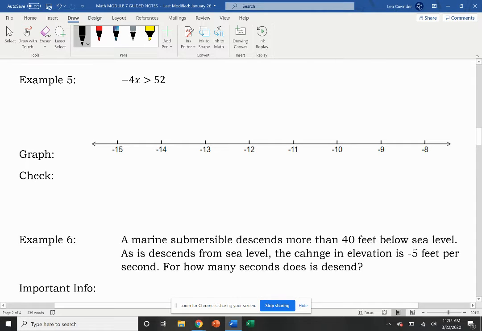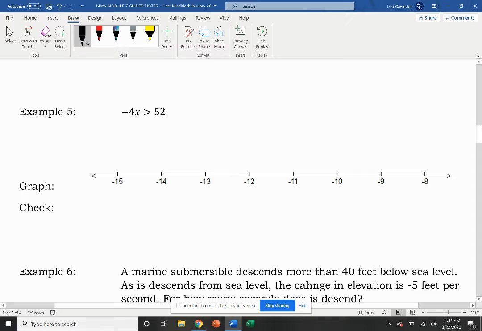Okay. Let's look at example 5. Negative 4x is greater than 52. One thing we need to notice is that negative.